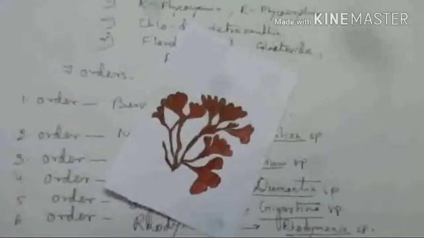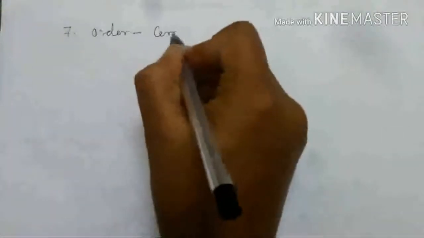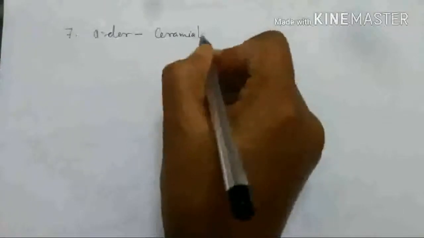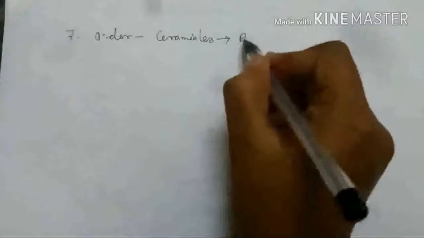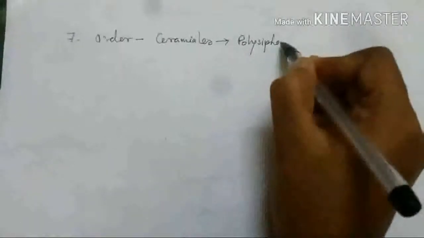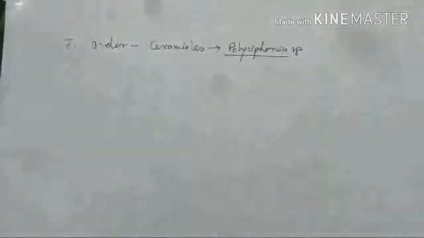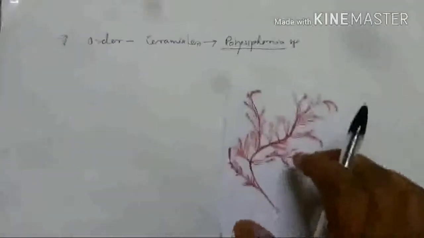Now the next, 7th order is Ceramiales, and an example of this order is Polysiphonia algae.